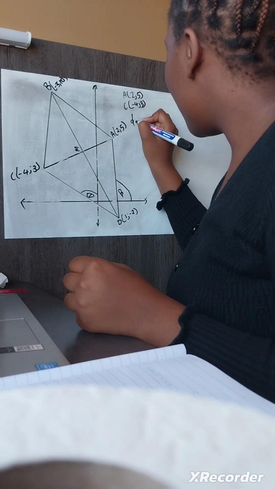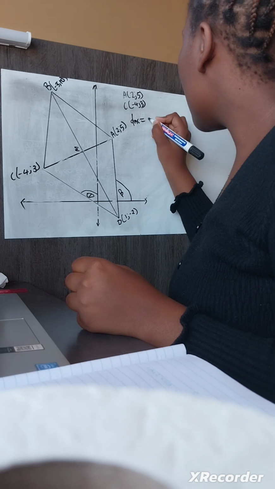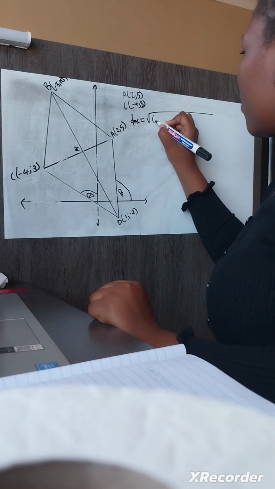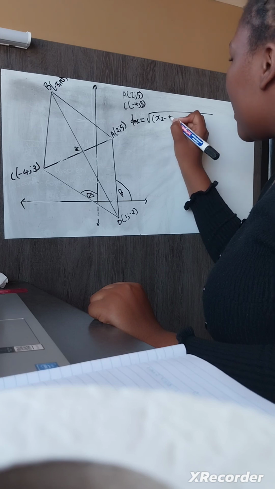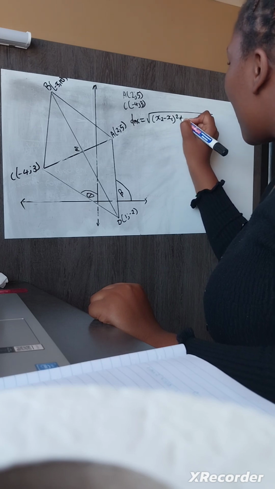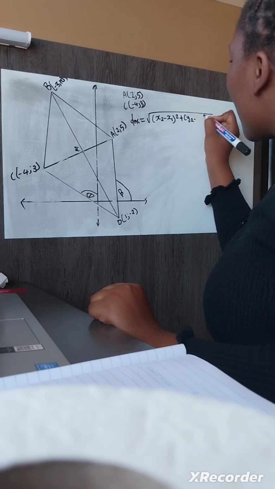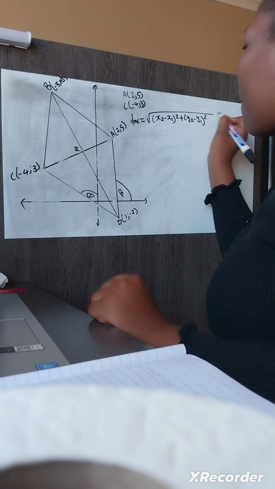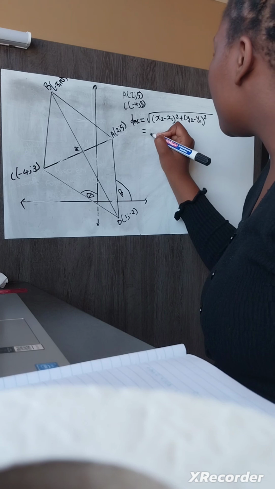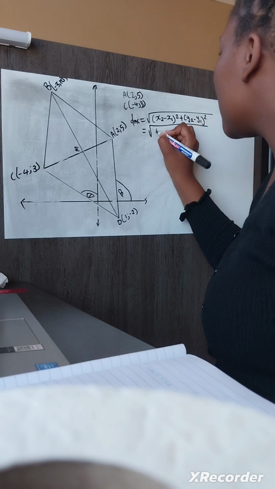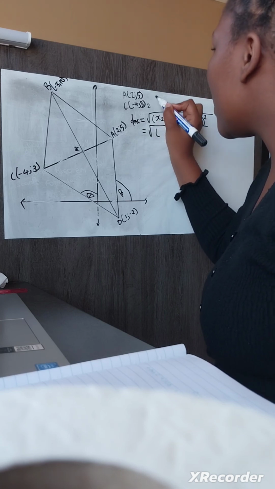So we'll have d of AC is equal to the square root of (x2 minus x1) squared plus (y2 minus y1) squared. Then from here we can substitute the coordinates. For x2 I'll take the -4 as my 2 and the 2 as my 1.